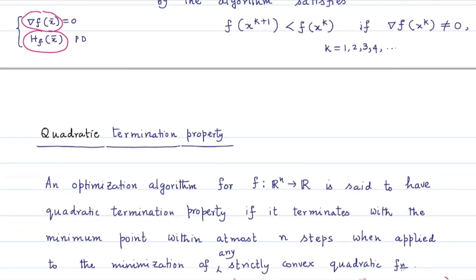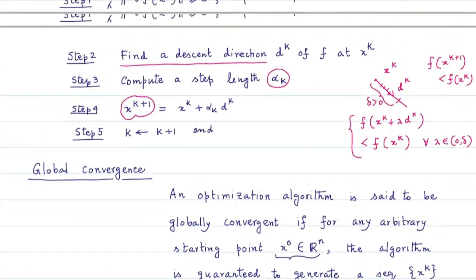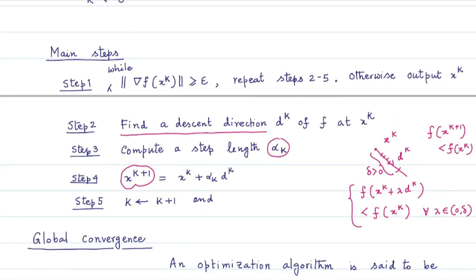Now let us go back to the general optimization algorithm once more. Out of the 5 main steps, we got to know what a descent direction is in one of the previous lectures. In the next few lectures we will discuss in detail how to find efficiently a descent direction in step 2.